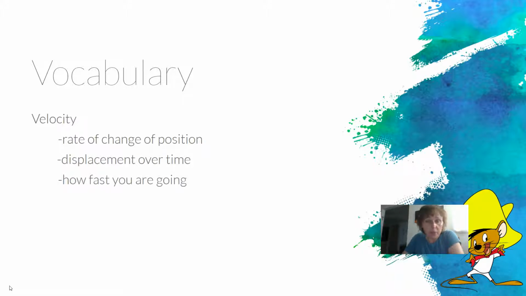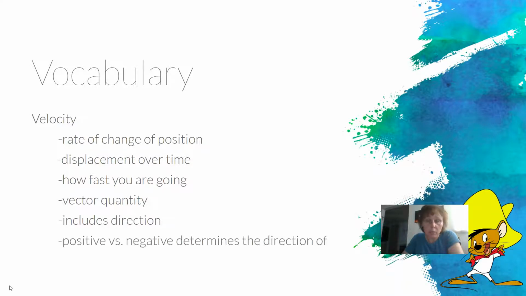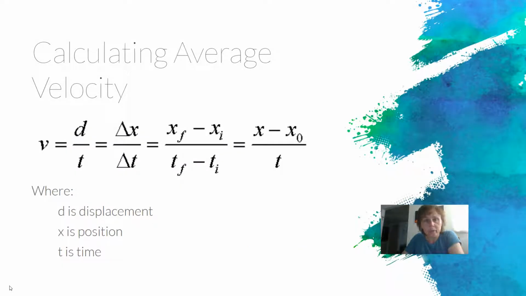It also describes how fast you're going, but it includes direction, and it can be positive or negative. The formula for average velocity is displacement over time, d over t, or change of position over time.